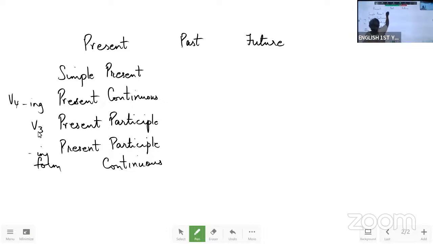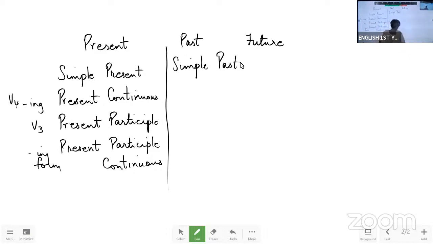Just like that, in the past tense also we have simple past, past continuous.